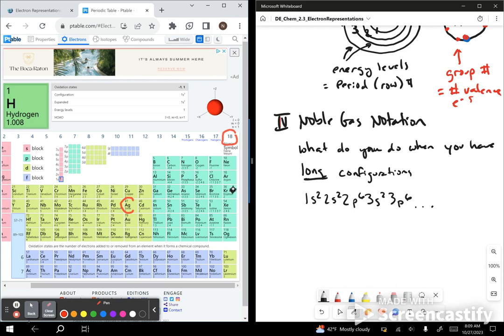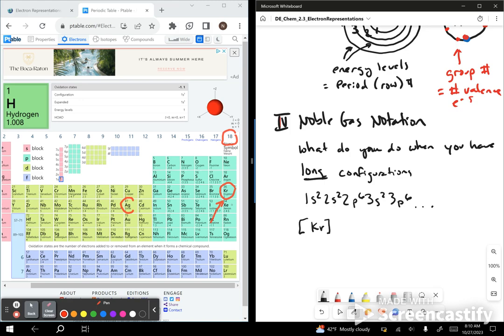You could take the noble gas that's in the row above, this one right here, and say Kr. And then you could just fill out the configuration underneath it.